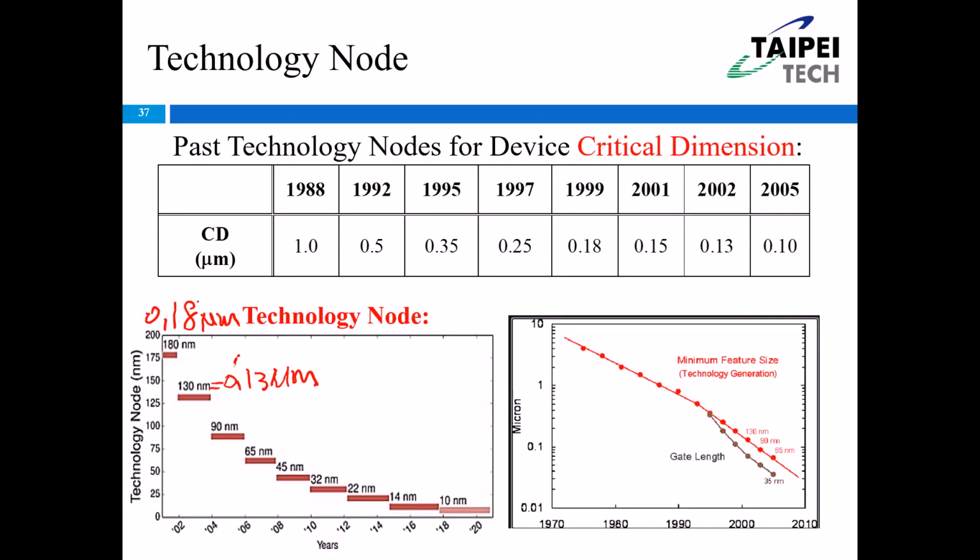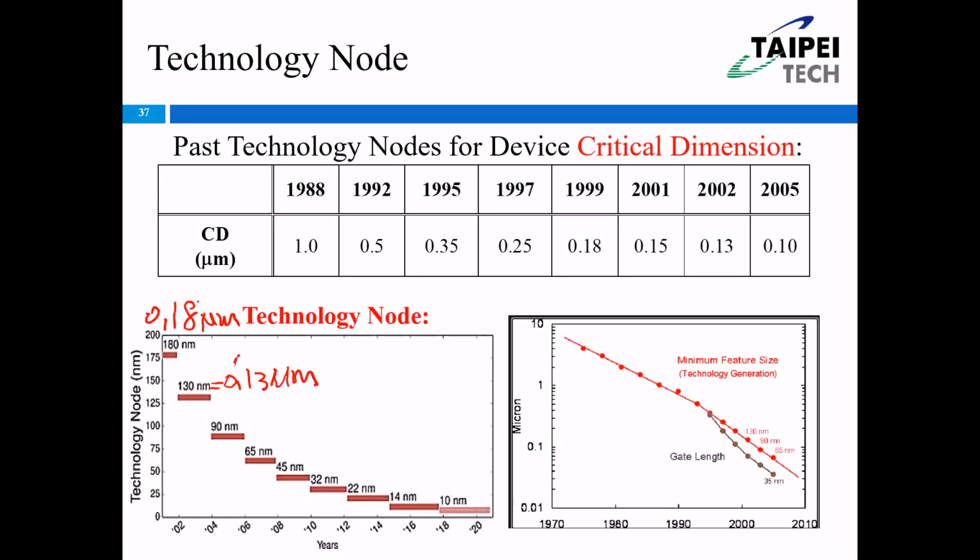Until right now, 5 years ago, 10 nanometer was in production. Right now, we already have 3 nanometer in production, and maybe this year, 2 nanometer will be in mass production. So you will know technology changes so fast.